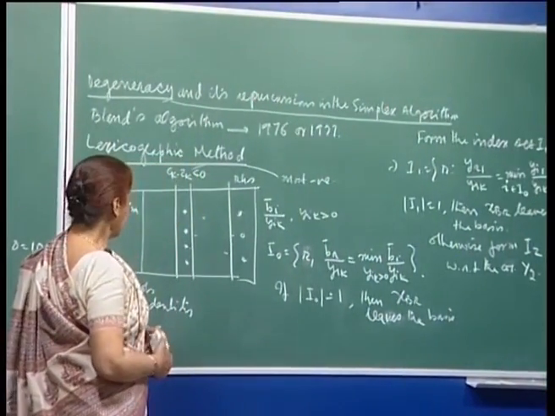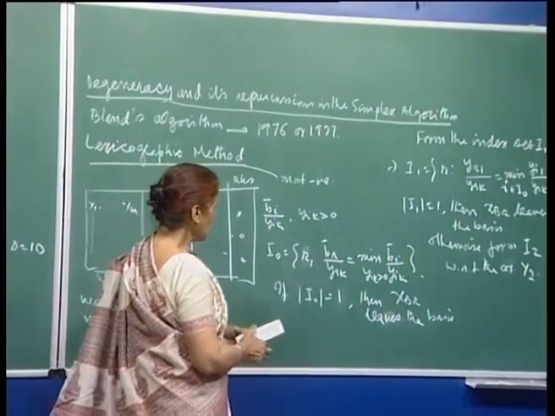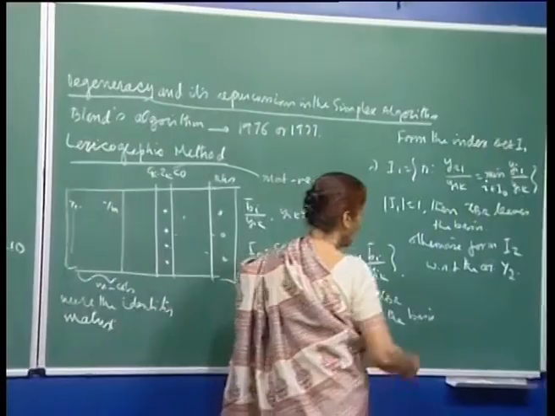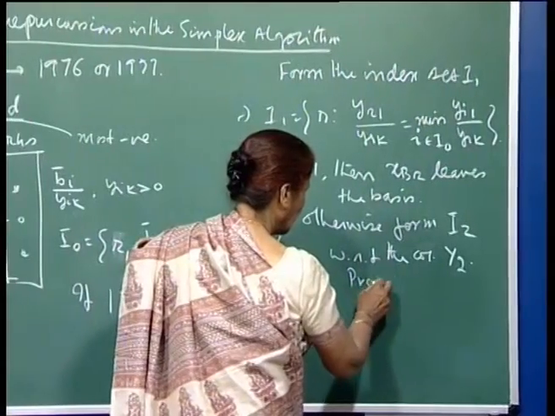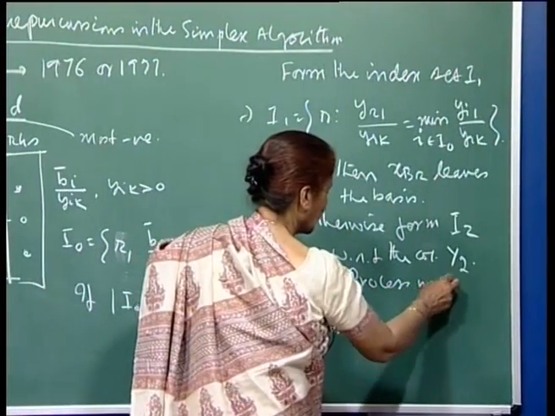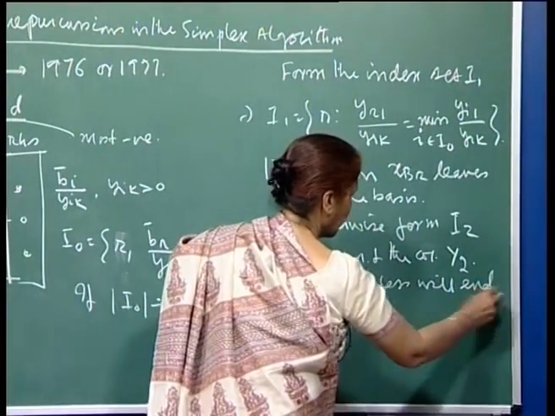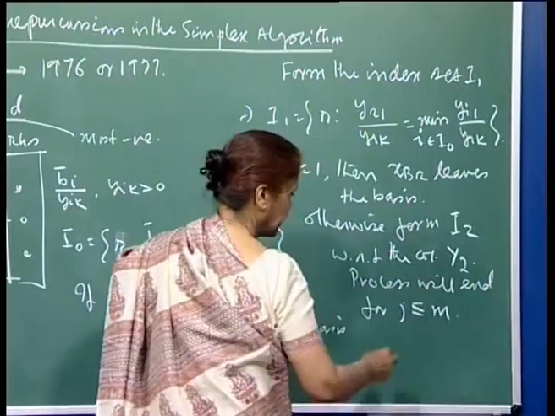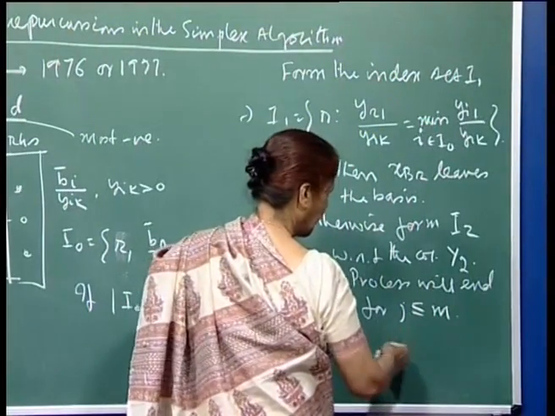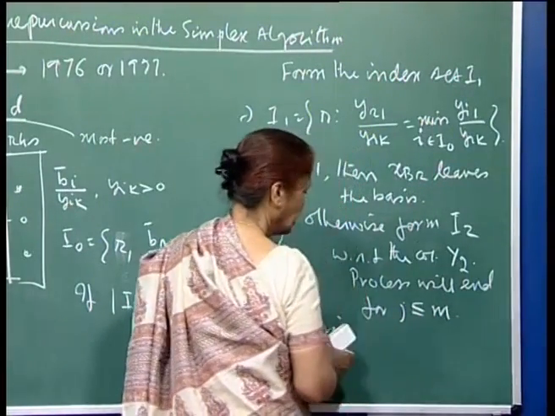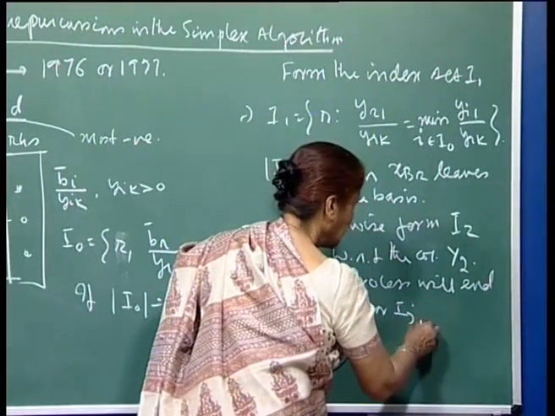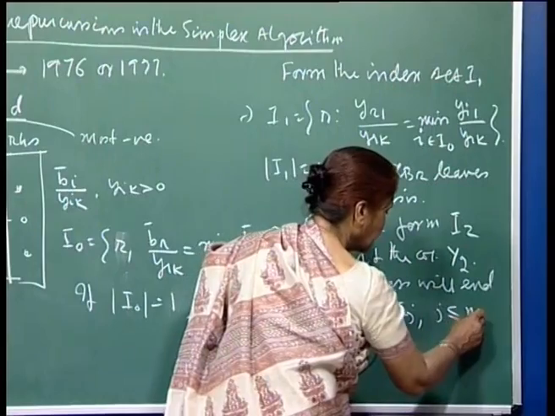And why will it end? Because you see, if the things continue to tie, then the process will end for Ij, where j is less than or equal to m.